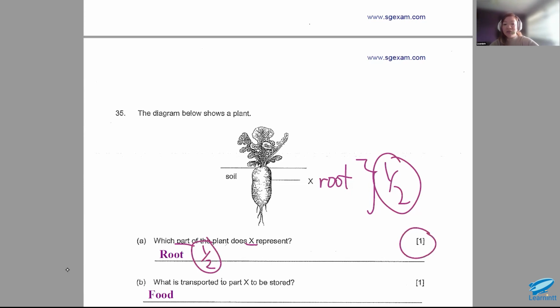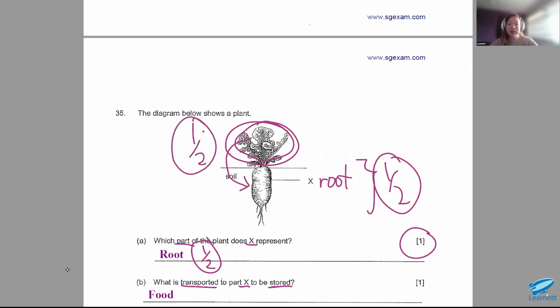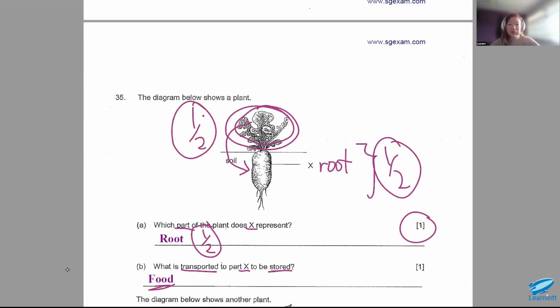In total, 1 mark. Next question: what is transported to part X to be stored? They will make the food in the leaves, then it will be transported down to the root to be stored. So figuring this out, half mark. Writing it out, food, half mark. In total, 1 mark.